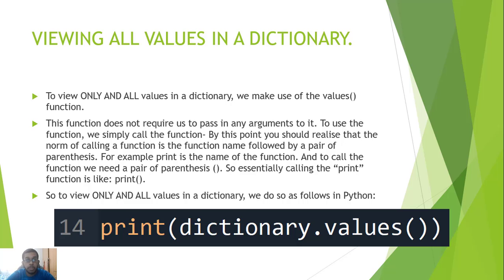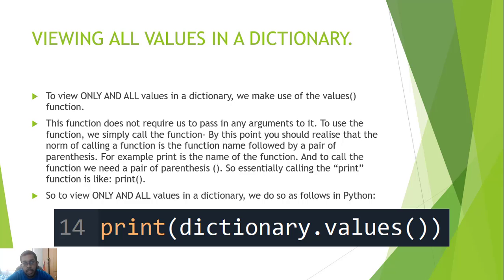Viewing all values in a dictionary. To view only and all values in a dictionary, we may make use of the values function. This function does not require us to pass any arguments to it. To use the function, we simply call the function. By this point, you should realize that the norm of calling a function is the function name followed by a pair of parentheses. For example, print is the name of the function, and to call the function, we need a pair of parentheses, brackets.